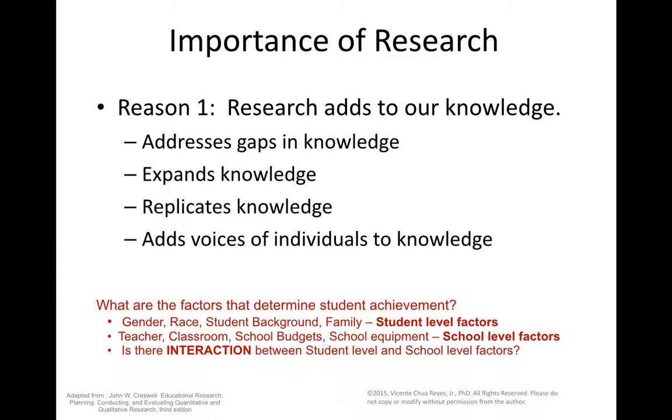Now, when we take a look at student achievement, do we identify only student level factors? Do we identify solely school level factors? Or is there an interaction between student level and school level factors? Research adds to our knowledge, and with this, we are able to answer this question.